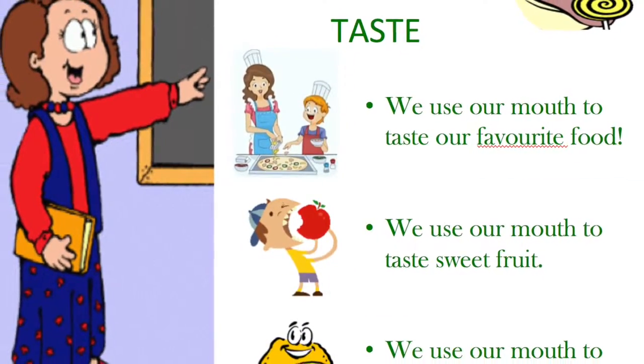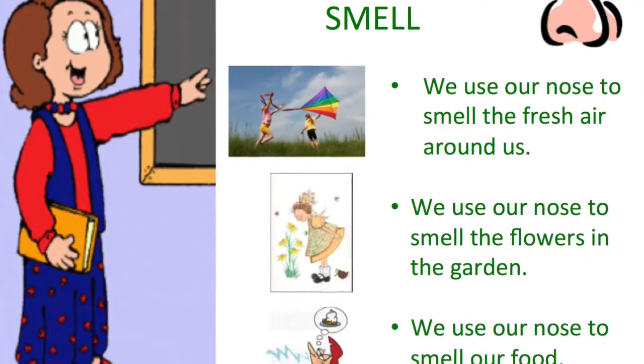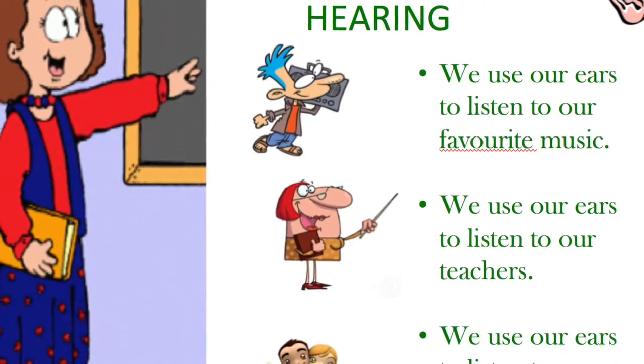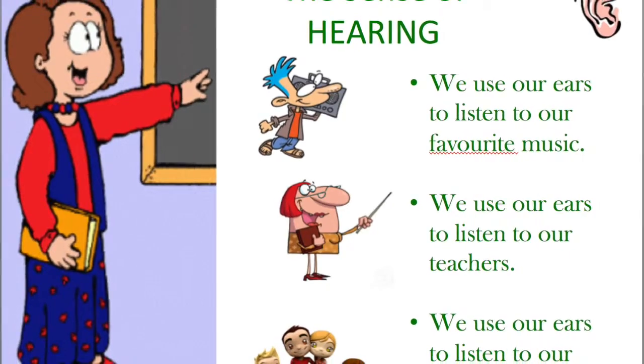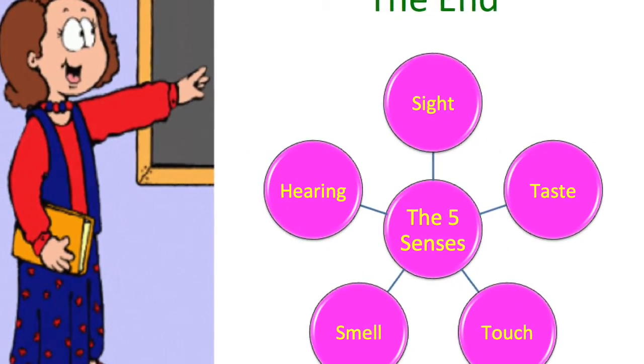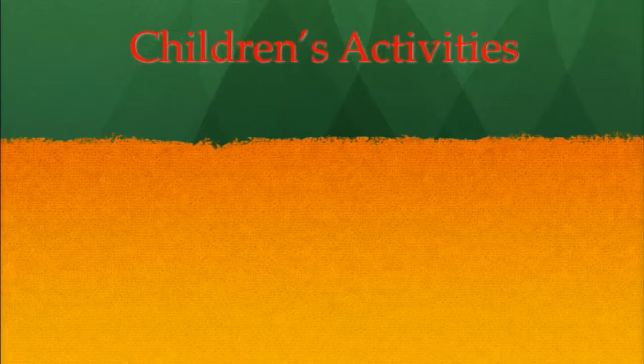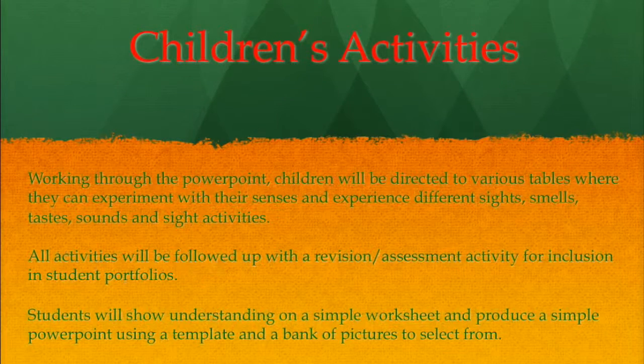Children then get to construct their own PowerPoints using a template and a picture bank, selecting relevant pictures and using simple animation to create a display that can be used for assessment or as part of their portfolios. The PowerPoint frames only are shown here, not the full production, due to time constraints.